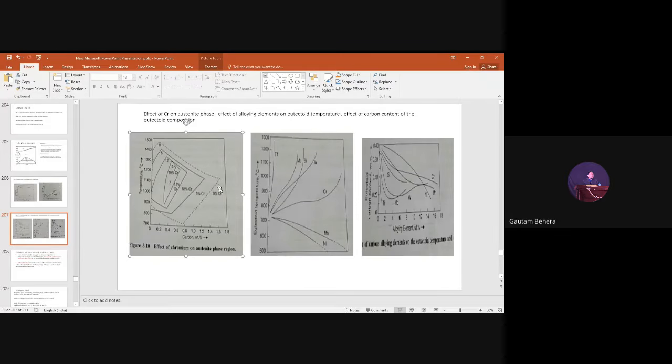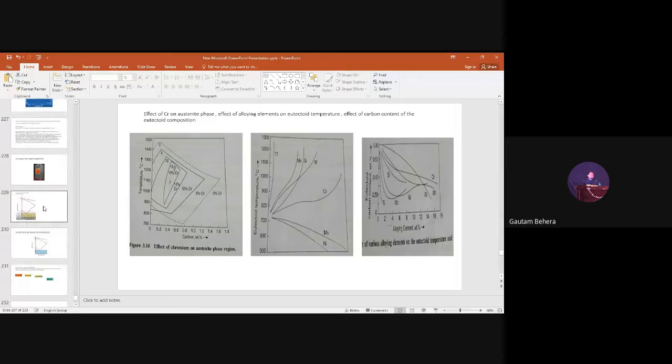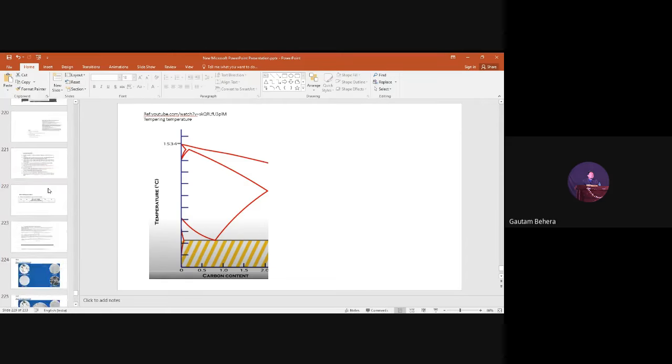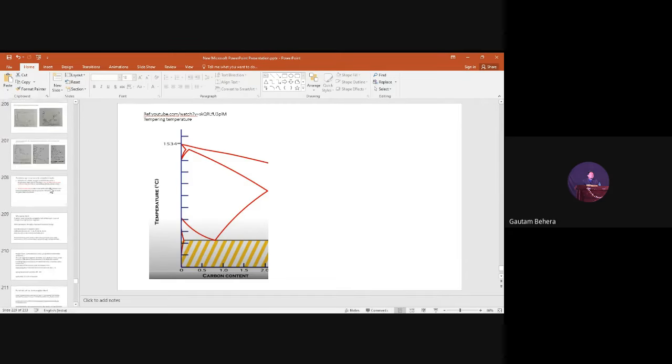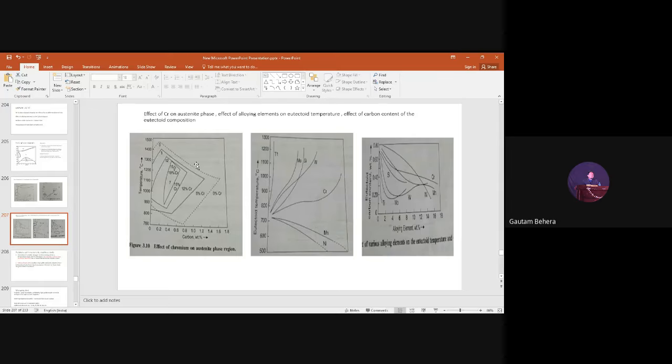So this dotted part is the austenite region. You can see our austenite phase is a bigger phase region. Everybody knows, right? Let me show you if you have forgotten. I'm talking about this region. You can see this austenite region is a very big region in the iron carbon phase diagram, shown over here. This dotted line, fine.